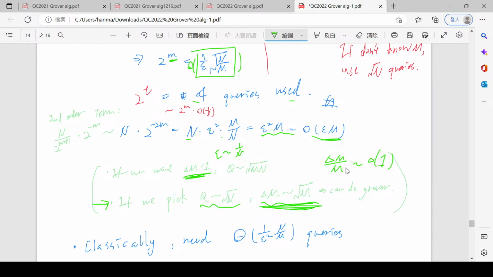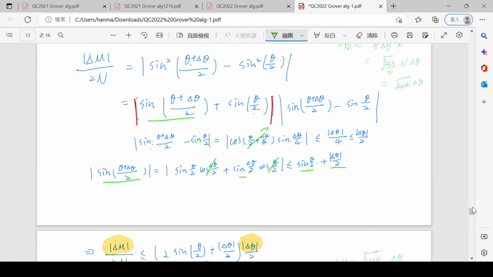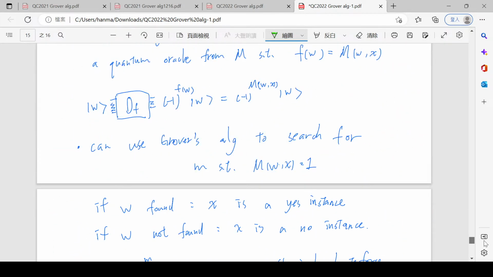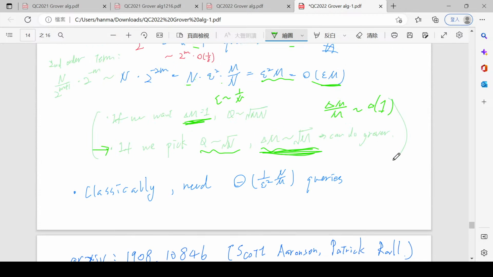And it's obvious that we can check with your Grover algorithm. Check your success probability, and you can show that this will make sure that you can do Grover with very good success probability.